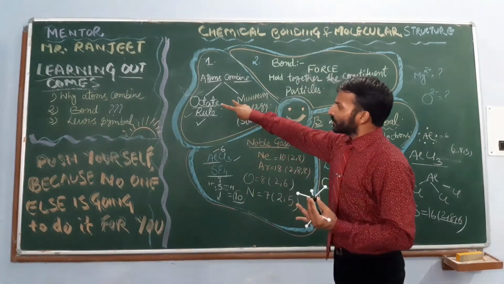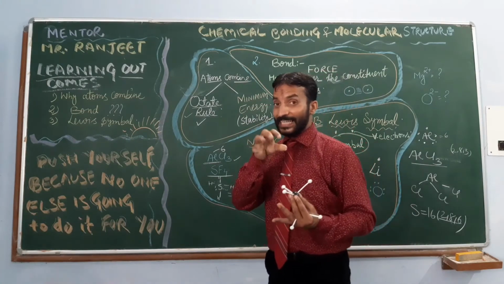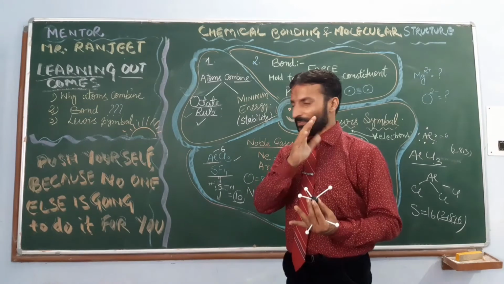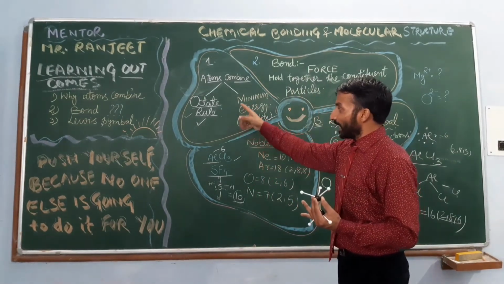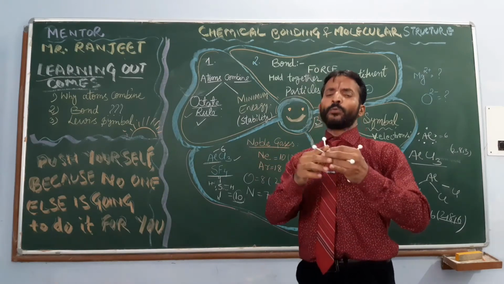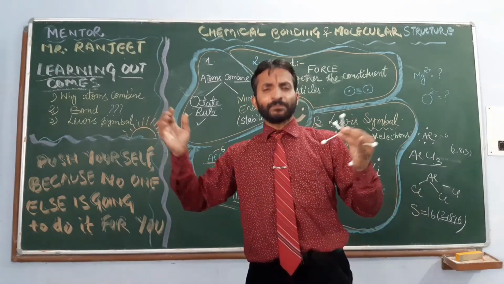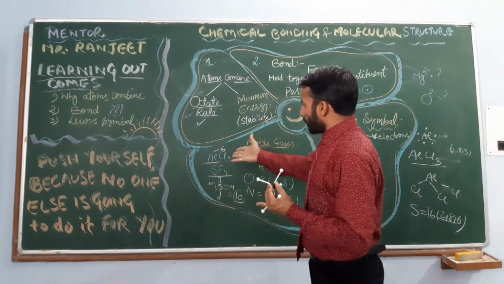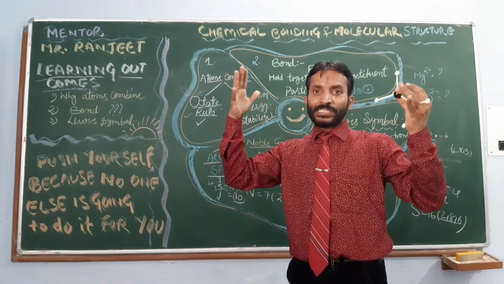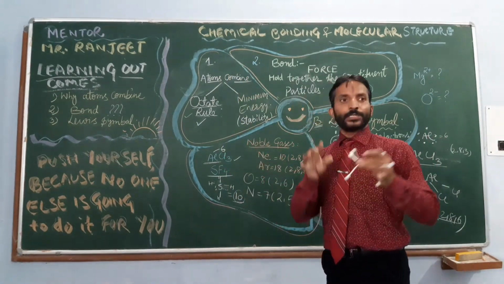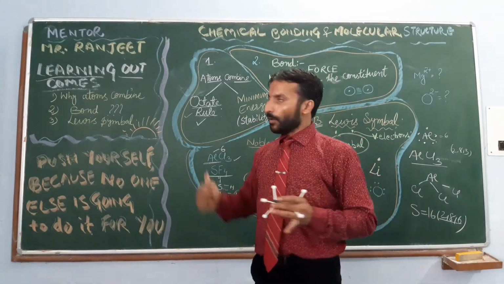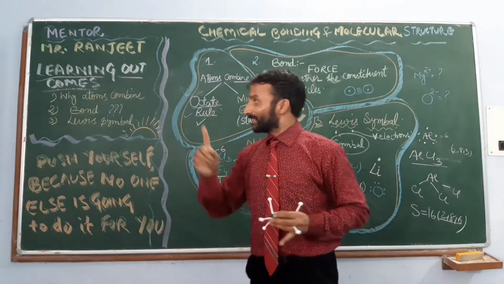So these two reasons collectively tell why atoms combine: the octet rule and having minimum energy. Whenever a bond is formed, energy is released. Maybe the octet is not complete or there are extra electrons in it, but the bond will be formed, atoms combine. First point is clear.